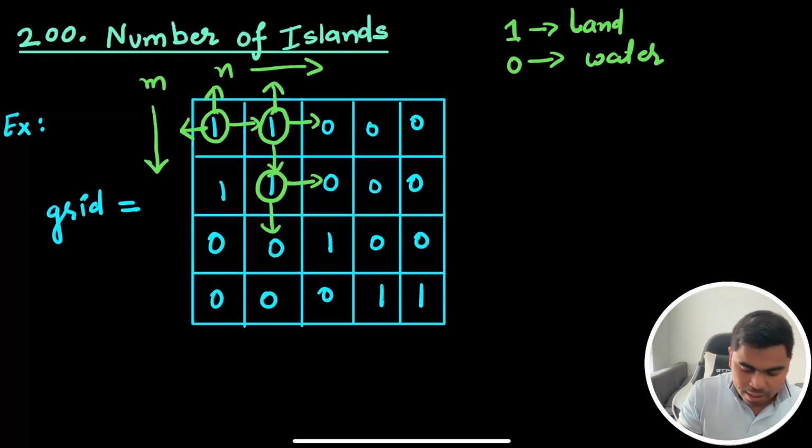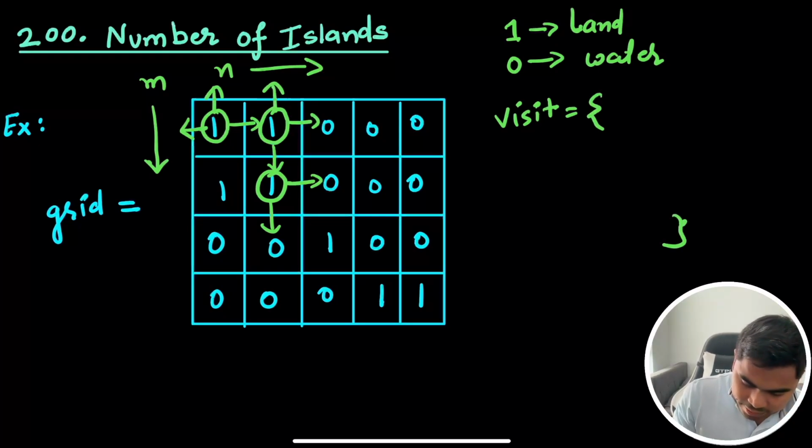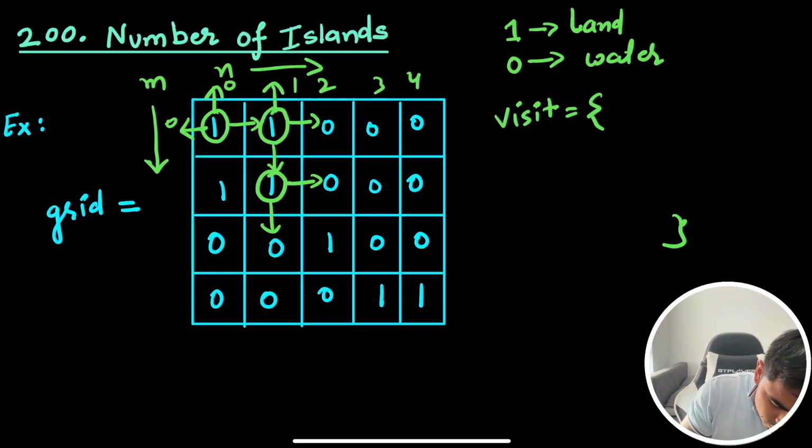And then I'm trying to visit all the neighboring cells, and I will have a visit set. In the visit set, I can keep adding all these visited nodes. So I will add this one. I can store these.